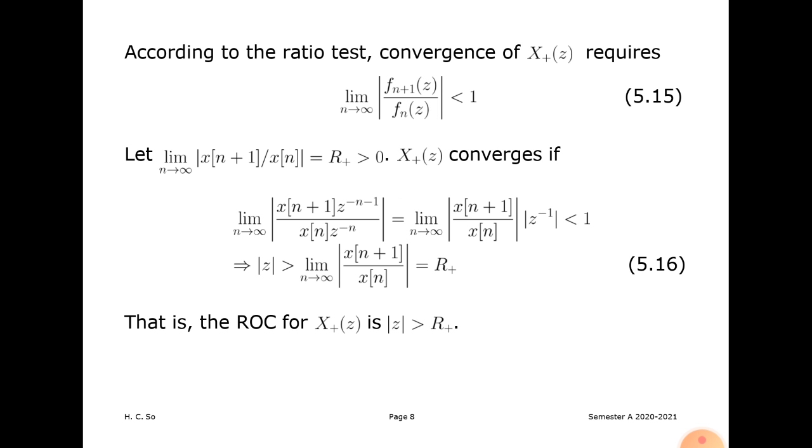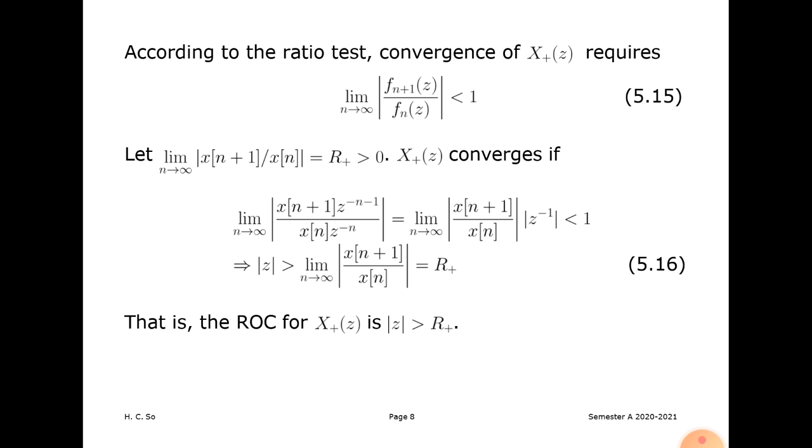And according to the ratio test, convergence of X plus(z) requires the limit n tends to infinity of f_{n+1}(z) divided by f_n(z) less than 1. So X plus(z) converges if the limit n tends to infinity of modulus of x(n+1) z^{-n-1} divided by x(n) z^{-n}, which is equal to the limit n tends to infinity of x(n+1) divided by x(n) times z^{-1}, is less than 1.